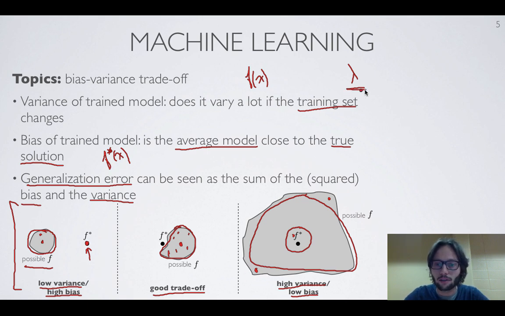If lambda, the penalization under regularization, is very high, then I'm going to get very little variation because I can only explore neural nets that have very small weights, and there are fewer of those. We can't count them, but essentially the region of neural nets with small weights is much smaller than the region of neural nets with small and big weights. And so with a big lambda, I'm in the low variance region. But with a small lambda, I'm in the high variance, low bias region.